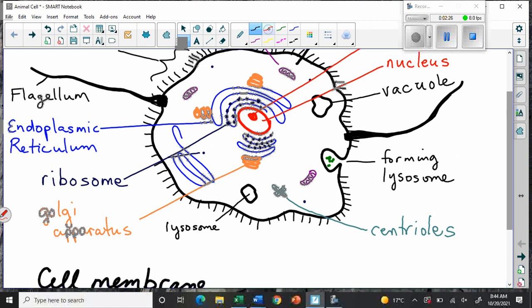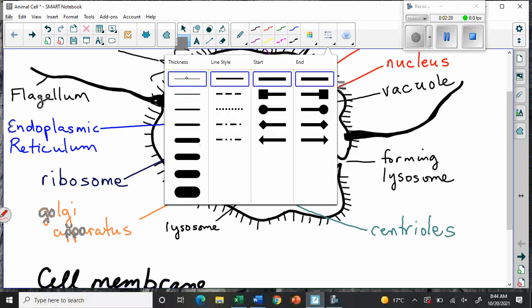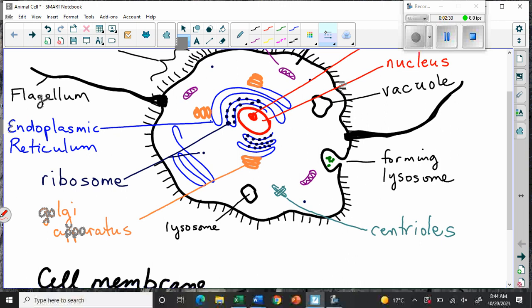I'll add it in red down here. And that, of course, is pointing to the actual black line here. Right? I'll draw it like that so it doesn't look like we're pointing to the cilia. And this is the cell membrane. The cell membrane is sort of the envelope that holds everything together. So we should add that to our picture as well.